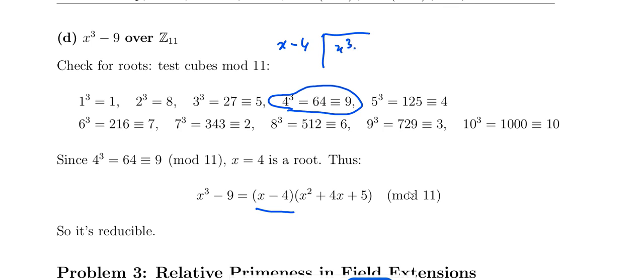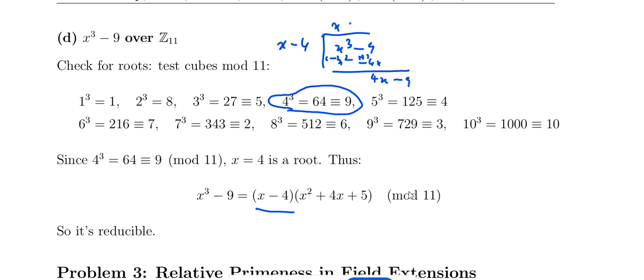x cube minus 9, that is x into x square, and minus 4x square. When you change the sign, it becomes plus 4x square and minus 9.